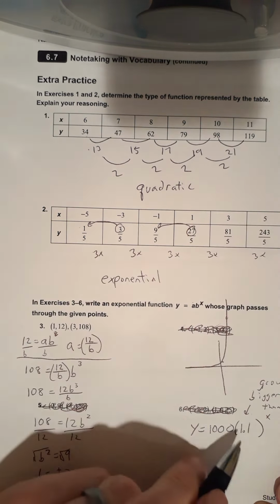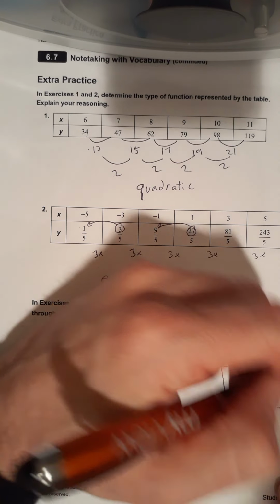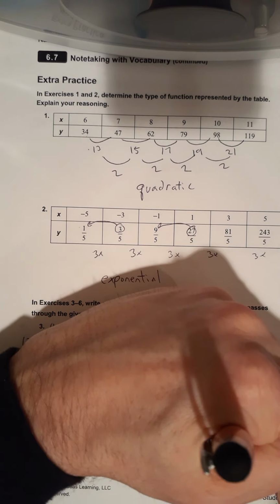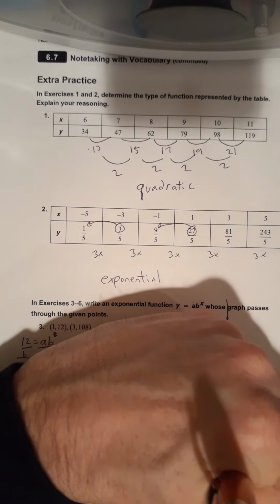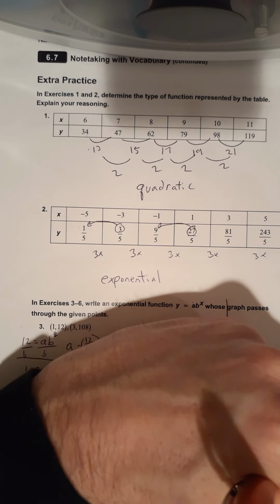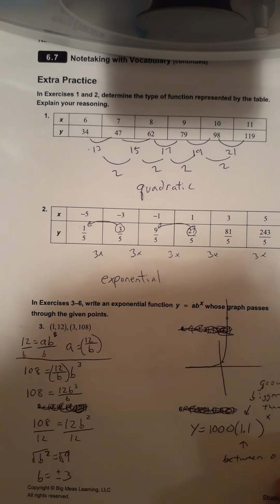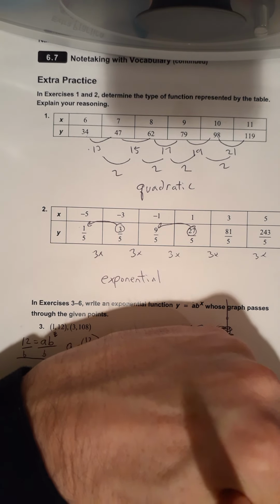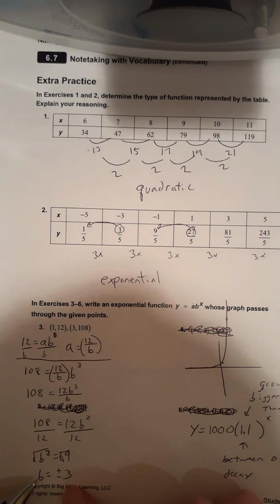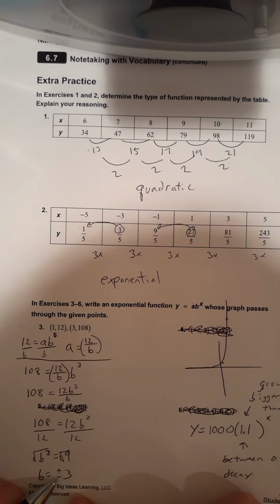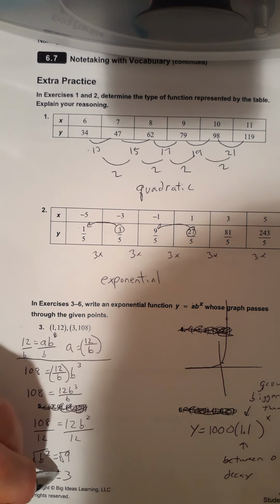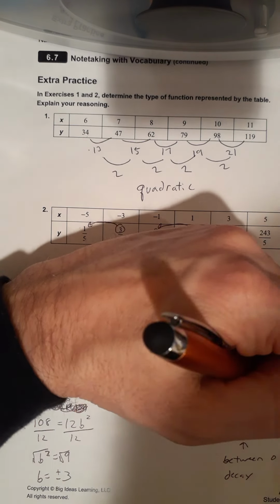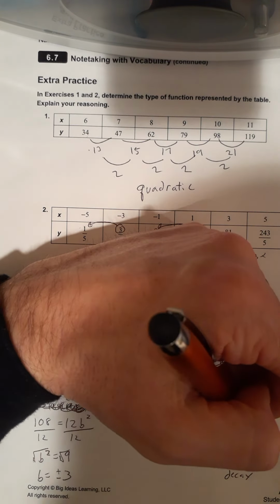And then anytime this number was shrinking each time, anytime this number was between 0 and 1, then it's decay. So when I look at my B value here, it is plus or minus 3. If you had a B value of 3, that would mean it's growing, it's tripling every time.